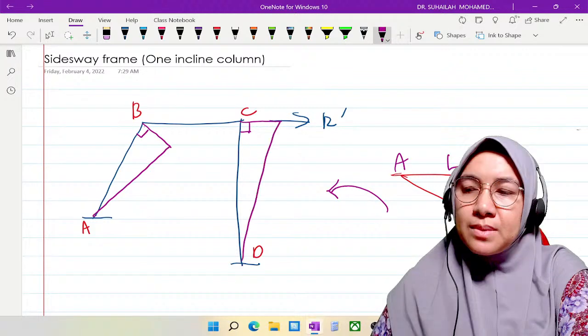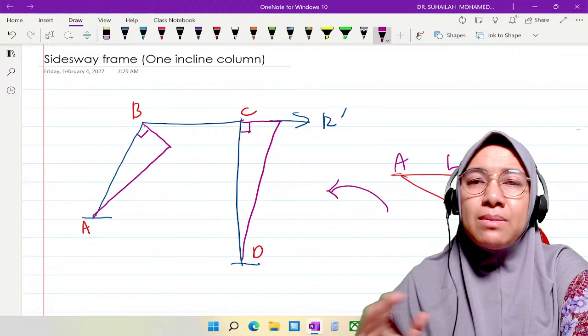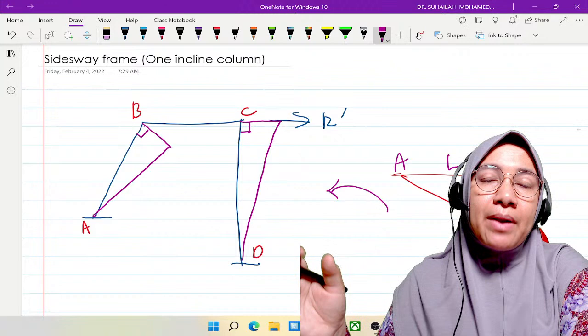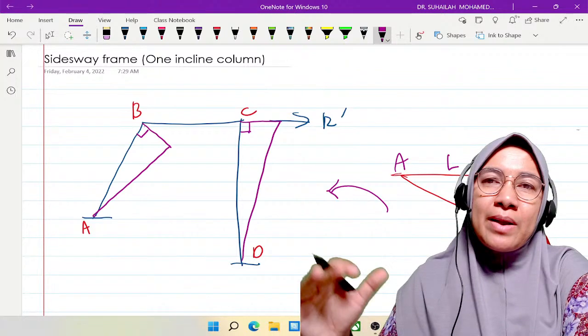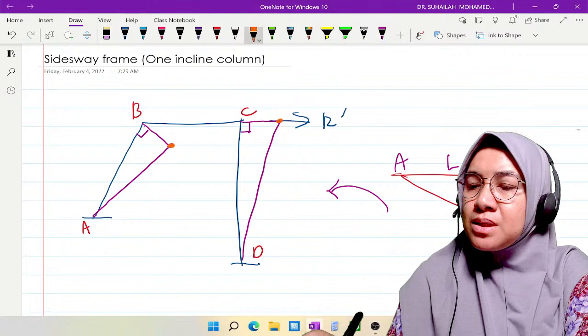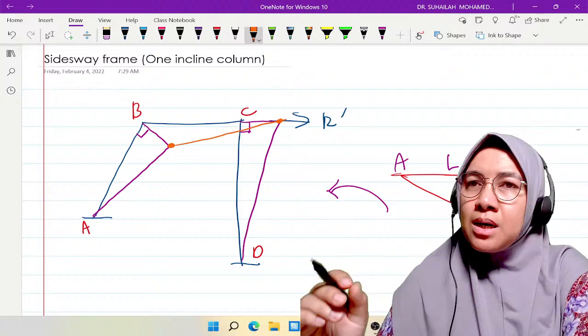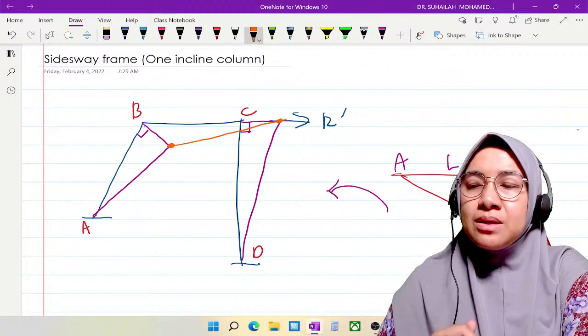It moves depending on the sidesway direction, whenever this frame has a tendency to move to the right. What happens to the beam is that it will just move like this. The orange is the beam after sidesway.